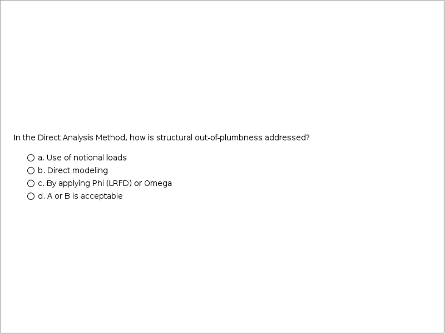Is it A, use of notional loads, B, direct modeling, C, applying a phi factor or omega factor depending on LRFD versus ASD, or D, A or B is acceptable? Again, this is in reference to the direct analysis method.